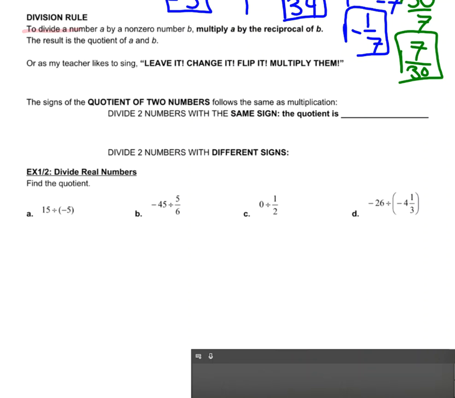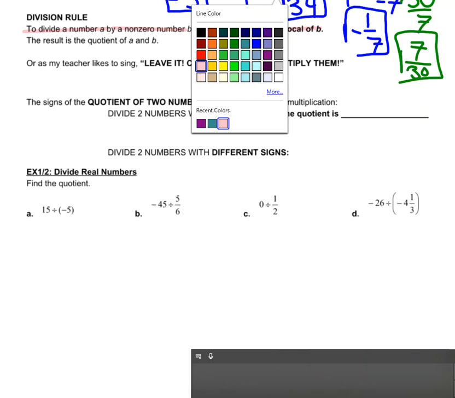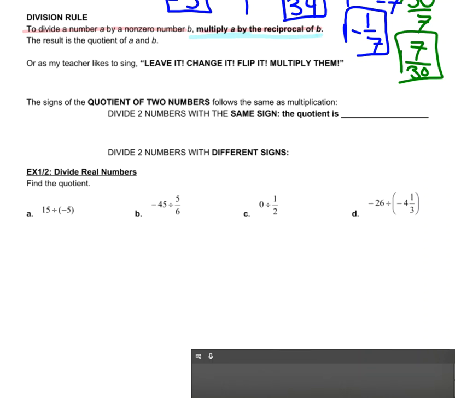To divide a number A by a non-zero number B, multiply A by the reciprocal of B. And that is the key, multiplying by the reciprocal. The result is the quotient of A and B. Or as my teacher likes to sing, I don't know how to sing this, but leave it, change it, flip it, multiply them. Or leave, change, flip.